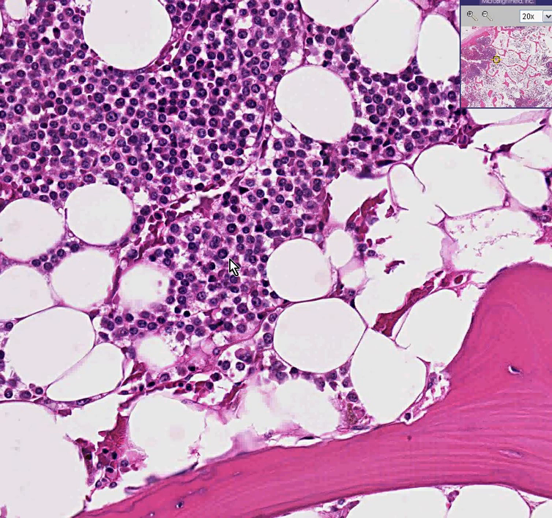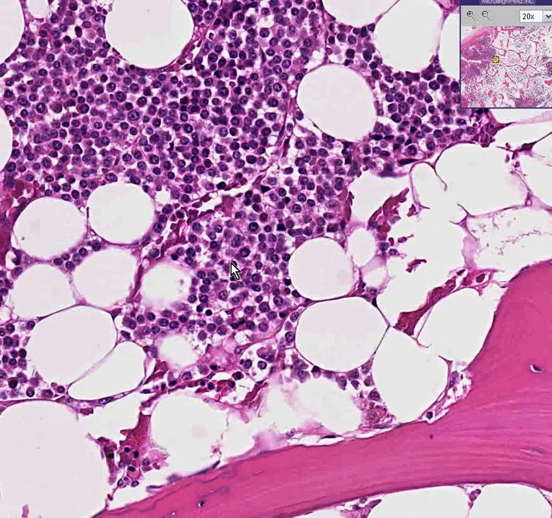Notice how the chromatin is sort of at the periphery of the nucleus. Look at this cell here. Notice how there is a prominent lip of cytoplasm to the side. And if you were to have the benefit of either a better stain or a higher power, which we don't have here, I can reassure you these are all plasma cells.